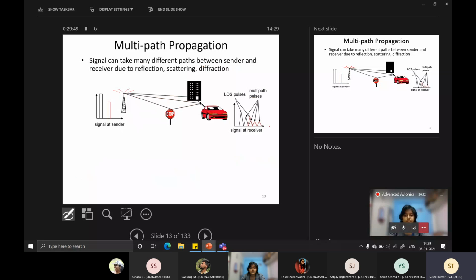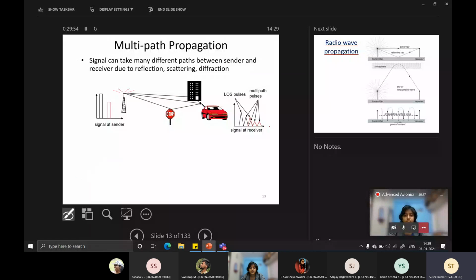Another major problem is something called multi-path propagation. So you are sending a pulse, say this blue one, after some time you are sending a red one. Okay. So let us say your receiver is here. One is this direct path. Okay, this is the ideal path.